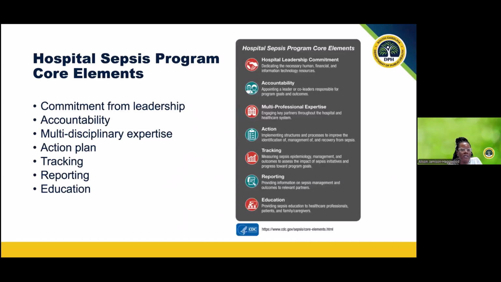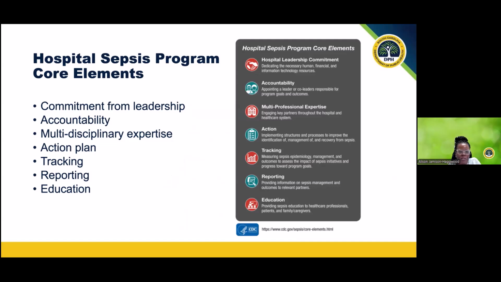And then I know this says a hospital sepsis program, but this is kind of what you want your sepsis program to look like. You need the commitment from leadership, ensuring that they dedicate the appropriate individuals for this program financially, and the technology that may be needed to monitor this program.